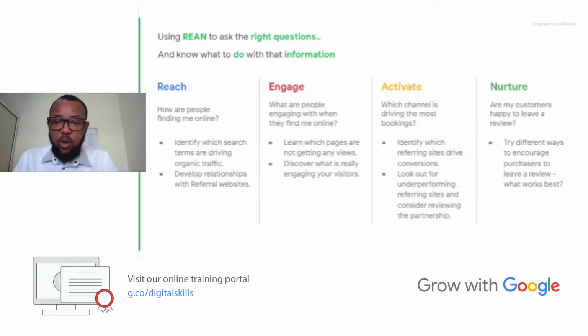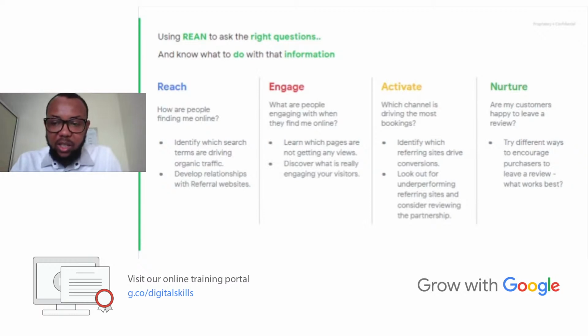For engagement, what are people engaging with when they find me online? Now you learn which pages are not getting any views. From the engagement, when you ask yourself this question, you're able to identify those pages that are not getting any views.